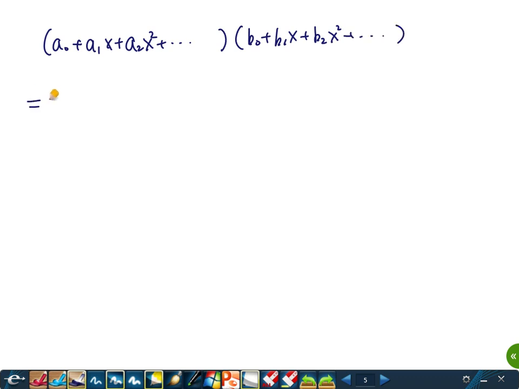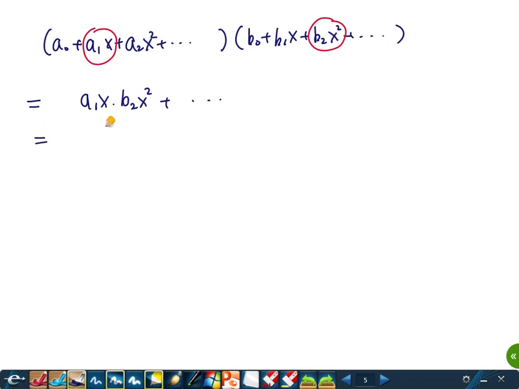If you want to multiply these two, you just choose one term over here and one term over here, and then you just multiply them together. If you choose here and here, then what do you get? There are infinitely many ways to choose one here, one here. So that's why we get a series instead of a polynomial.